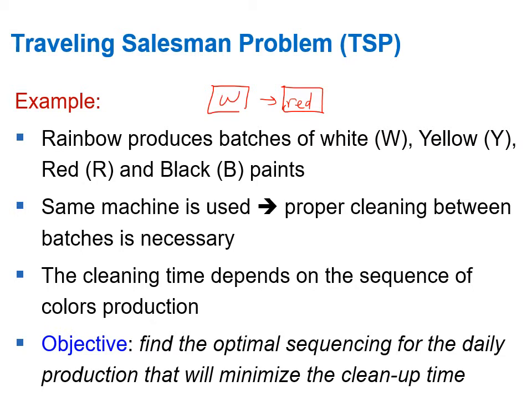So if there are pigments of red color on the machine, then this white becomes reddish, okay, it will not be pure white. But if you first produce white and then shift to red, if on the machine there are some pigments of white color, still this red will be red.